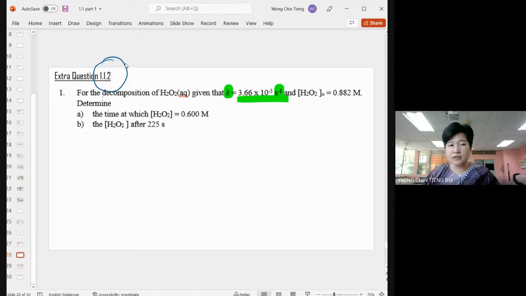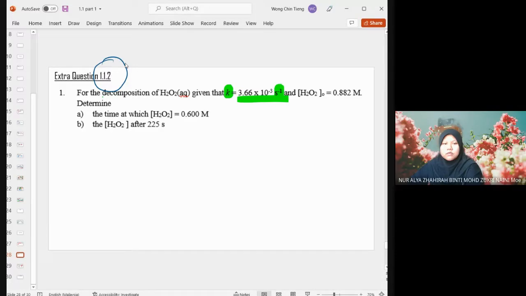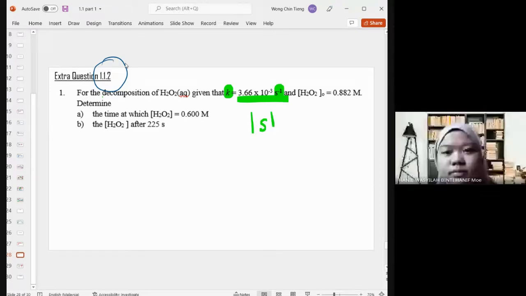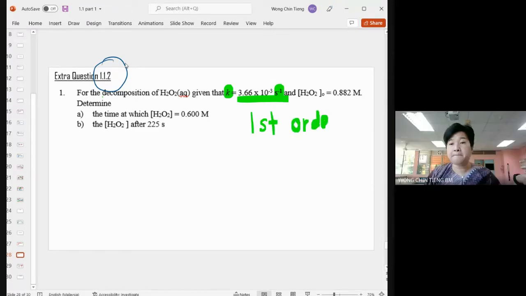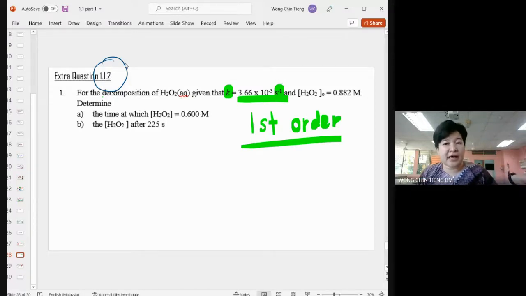Therefore, what order is this? First order. See? So you need to know the order of the reaction before you determine the formula that you use. Okay? Makes sense? Do you see a bit how to use it?